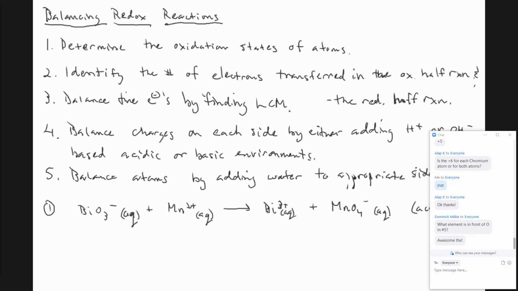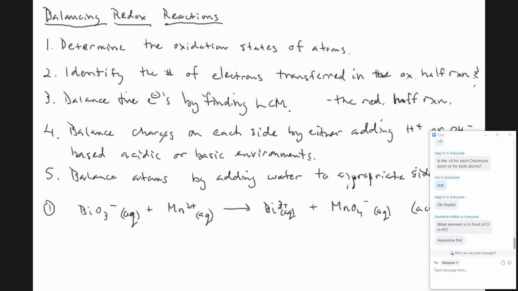So use these steps to balance it. Find the oxidation state of every atom. There's 2 ways to do it. One is the half cell reaction. The other is the bridge method. I'll show you how to do the bridge method first. I personally like the bridge method over the oxidation half and the reduction half. Teachers always made you do the oxidation and reduction halves because it shows you where all the electrons are and how they're getting transferred so that you can cancel them out.